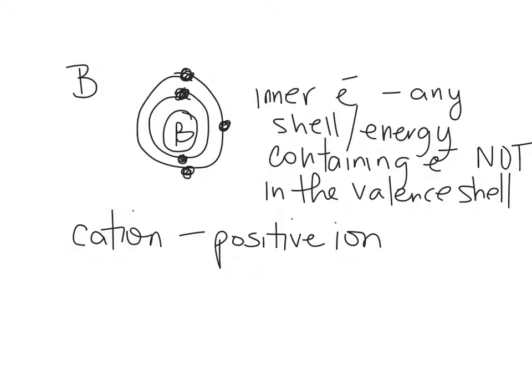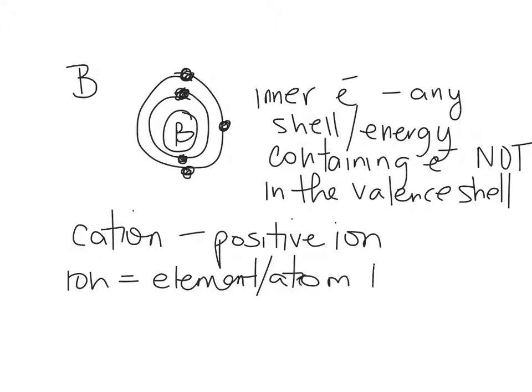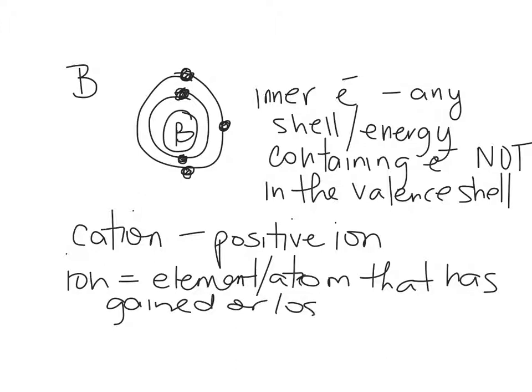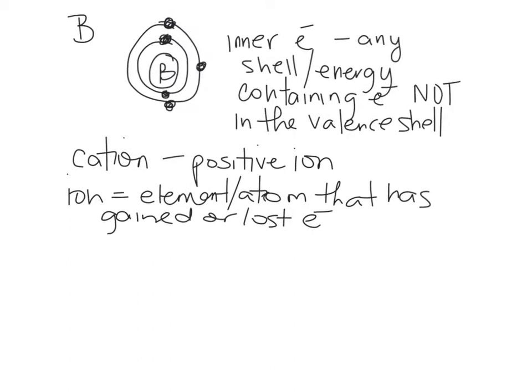Yeah, so an ion is an element or an atom that has gained or lost electrons. So if we have a positive ion, it means it lost electrons.